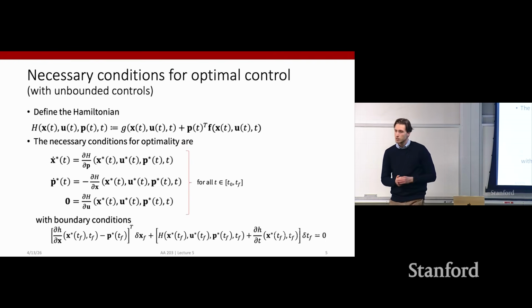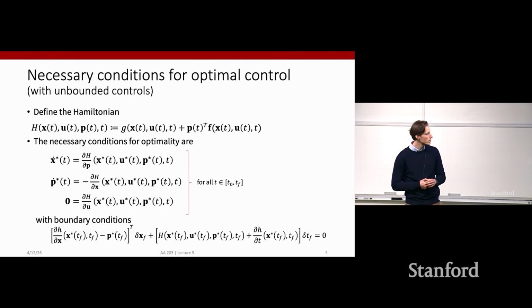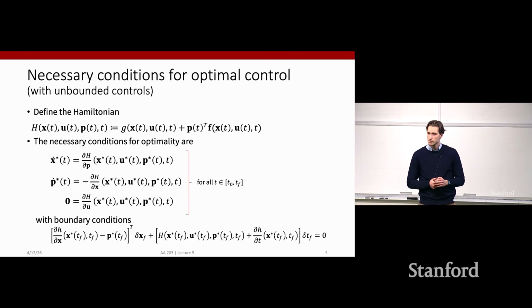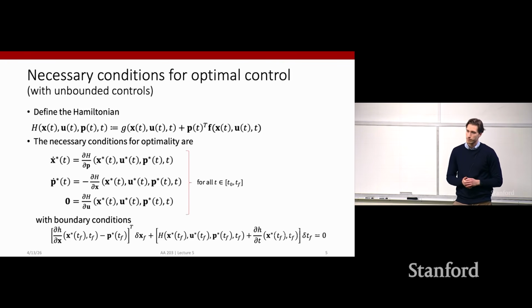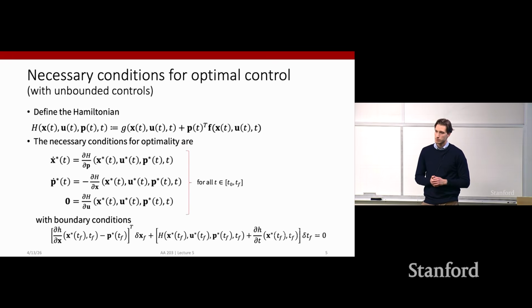What setting are you referring to? In the previous lecture, we did an example. We found a T final in terms of alpha. Did that correspond to some particular optimal control, or was it unconstrained, so the control could be anything, and therefore the T final could be anything?